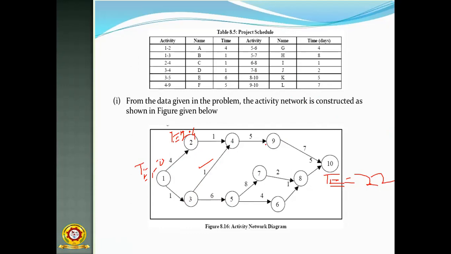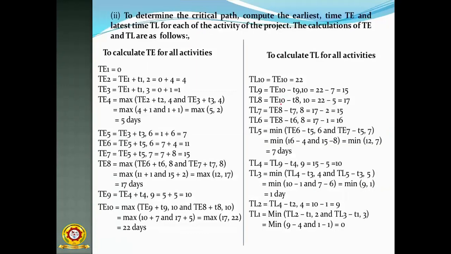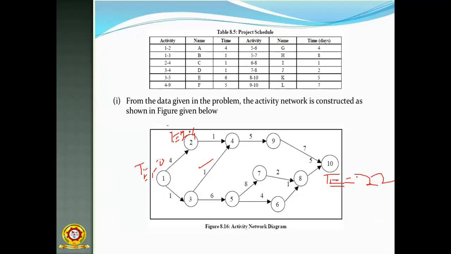Next we have to calculate. Suppose I'm already showing the example, TL8 equals, the only confusion is that all the times you have to subtract the values of each and every one. 22 minus 7, 15, 15 minus 2, 13.